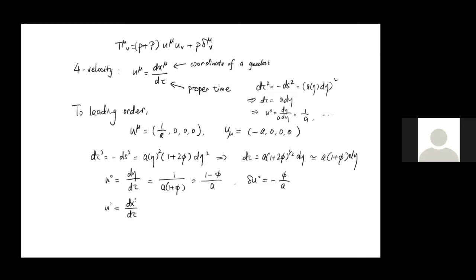This is very easy. You don't have to take into account the perturbation here, because this dxi over d eta is already a small number. It's supposed to be the peculiar velocity.